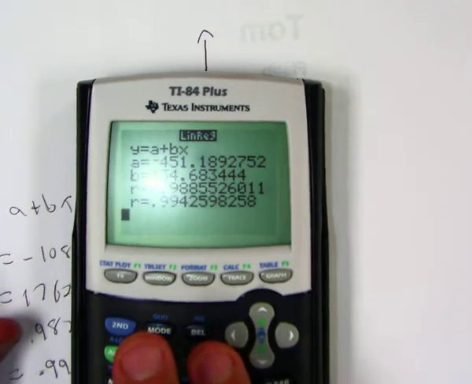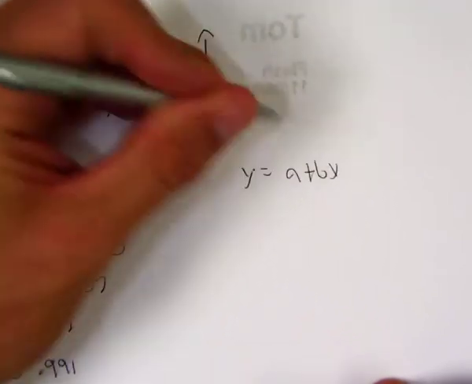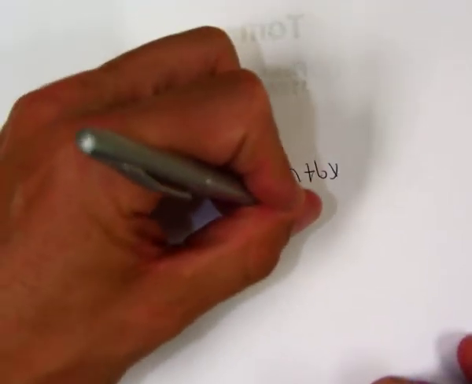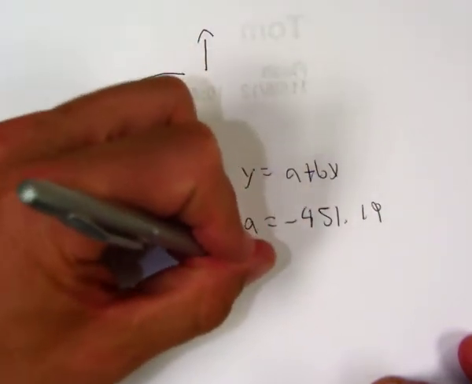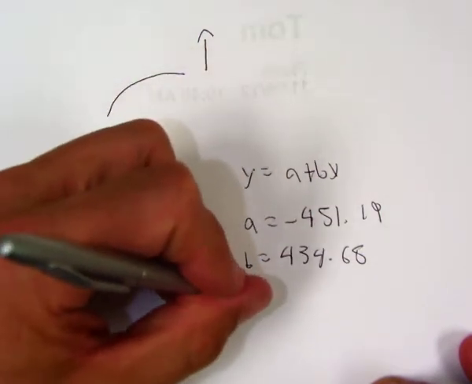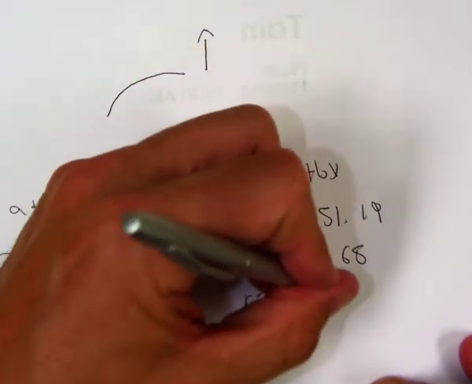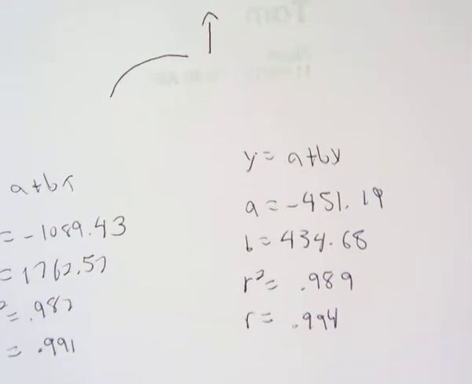Okay, so in this case, we got y equals a plus bx. We got a equals negative 451.19. B is 434.68. R squared is 0.989, and R is 0.994. So what did we do?